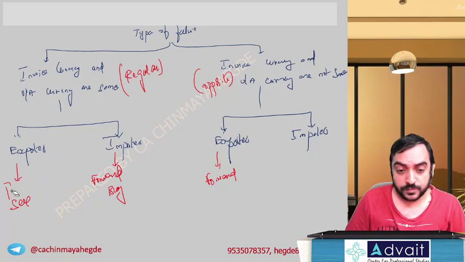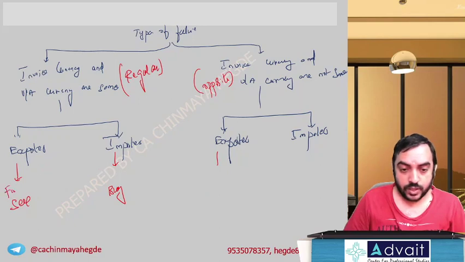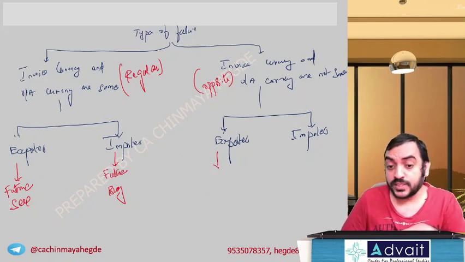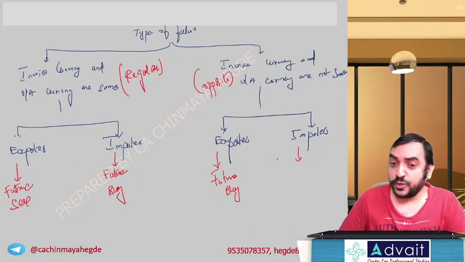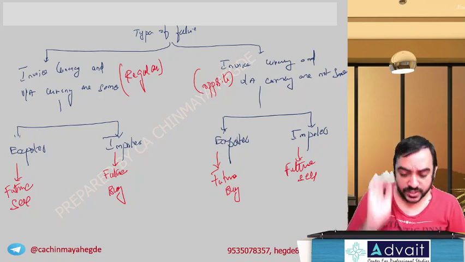So the exporter normally would do future sell. Importer normally would do future buy. And when the opposite is there, the exporter, who normally does future sell, now has to do future buy. And the importer, who normally does future buy, here does future sell. In this chart also you can remember, whichever is comfortable, you do it.